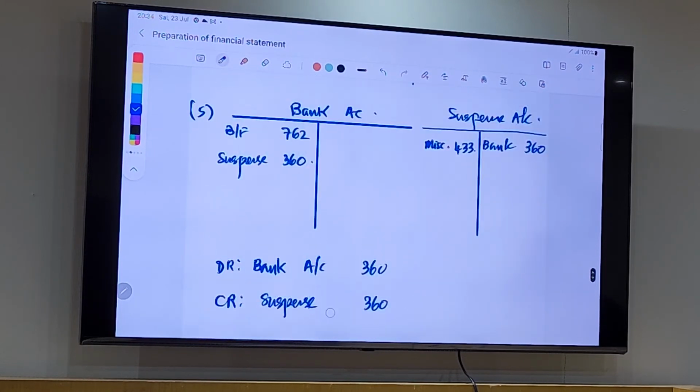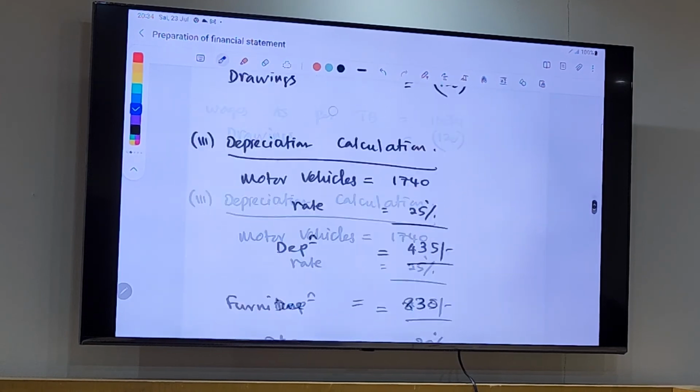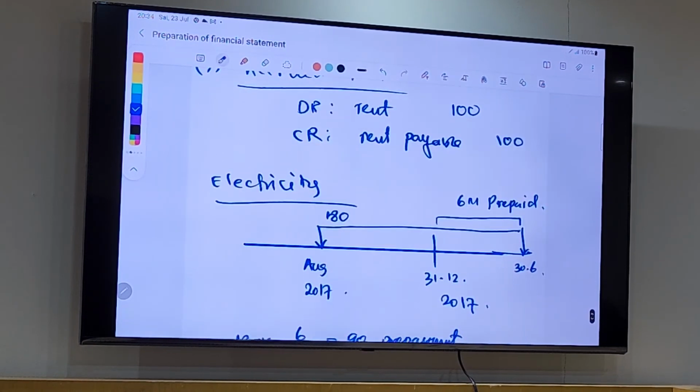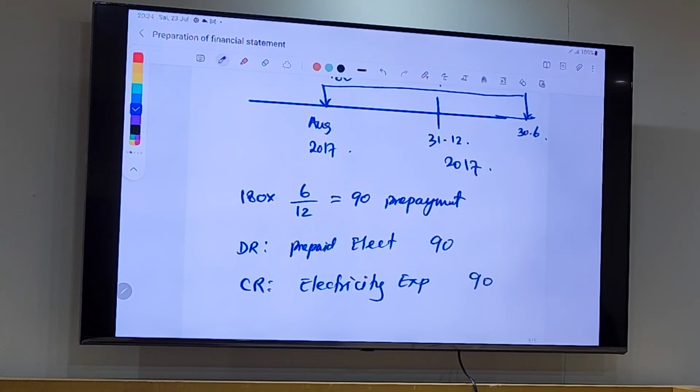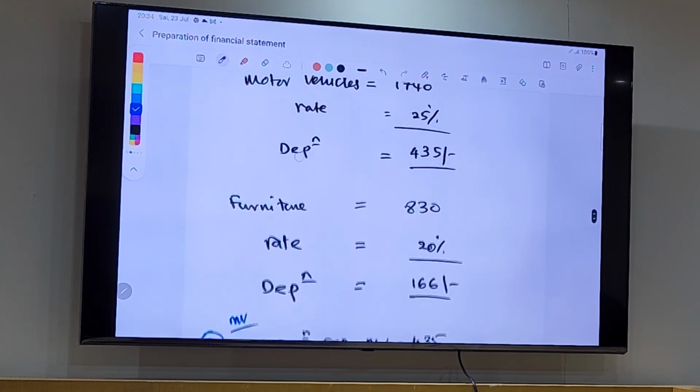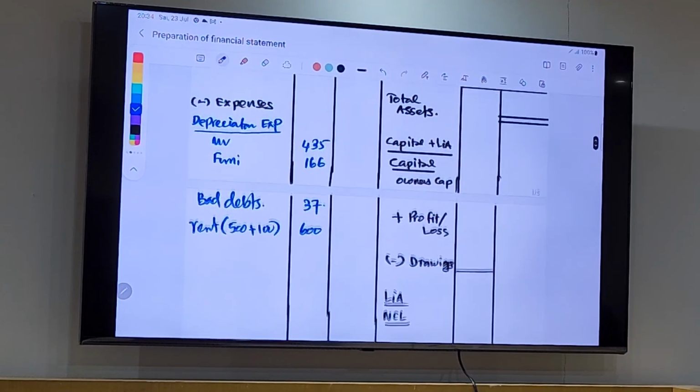So what is the double entry? I need to debit prepaid electricity 90 and credit electricity expense 90. So we will complete our financial statement.